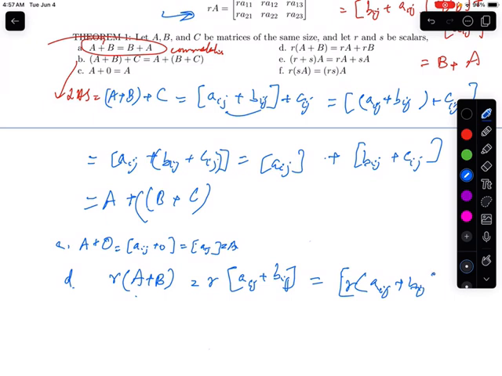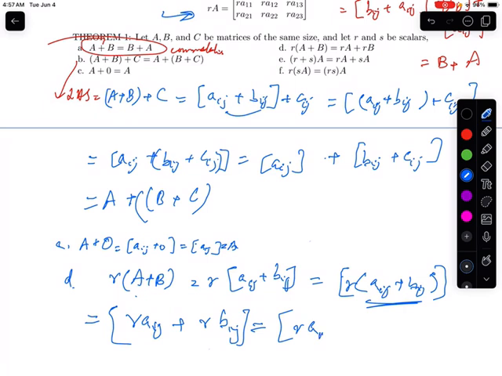Which is equal to RAij plus RBij. Now, why can we do it now? Because here we know that these are all numbers. So the numbers distributive law behaves like that. And now we can write it as the matrix RAij plus the matrix RBij, which is RA plus RB.